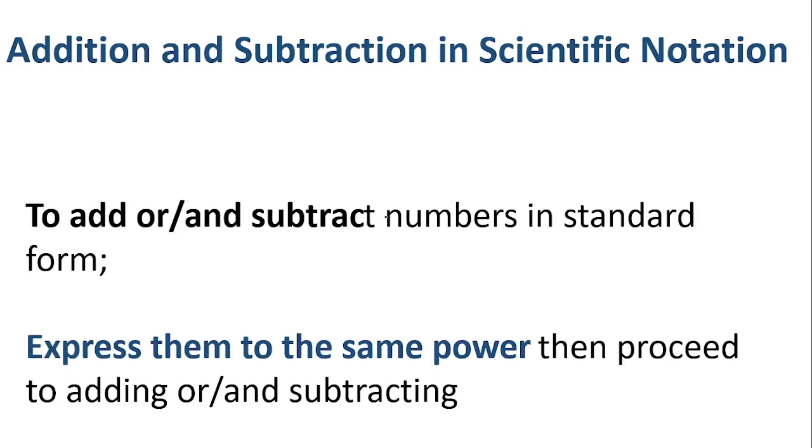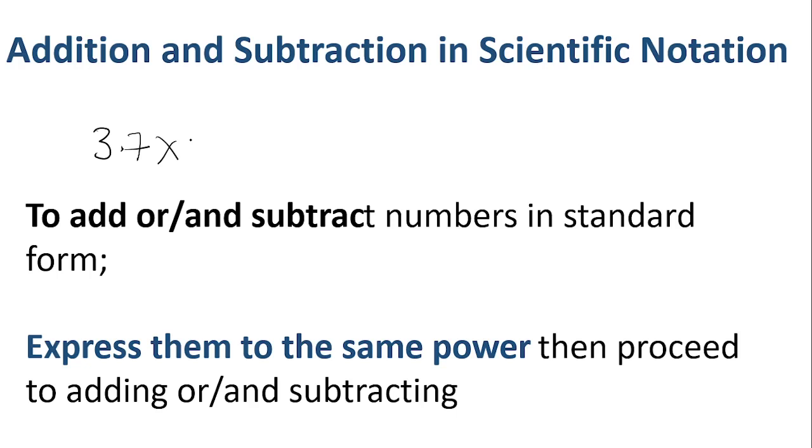When you have two numbers, let's say 3.7 times 10 to the power 9 plus 1.23 times 10 to the power 5, and you want to add these two numbers, what are they telling us to do? They are saying to express these numbers to the same power. They should have the same power.